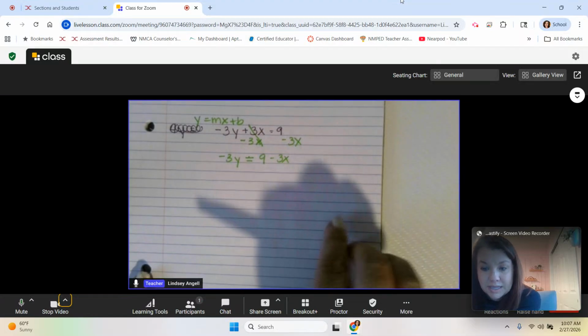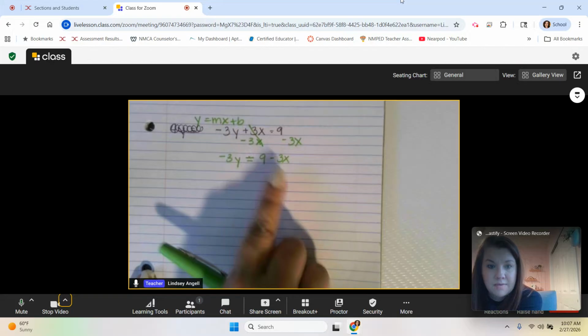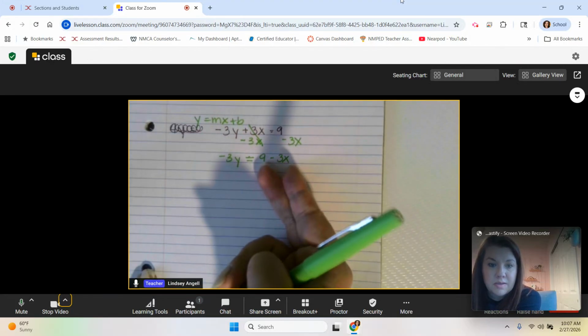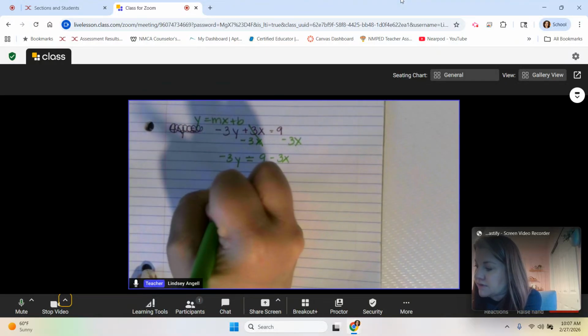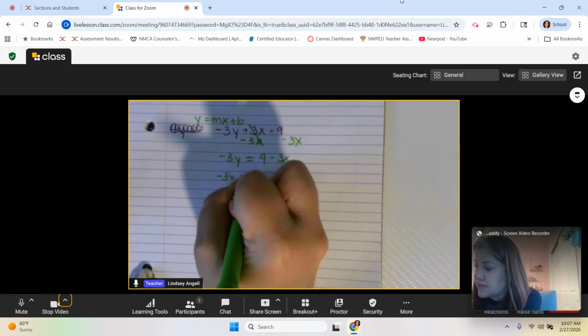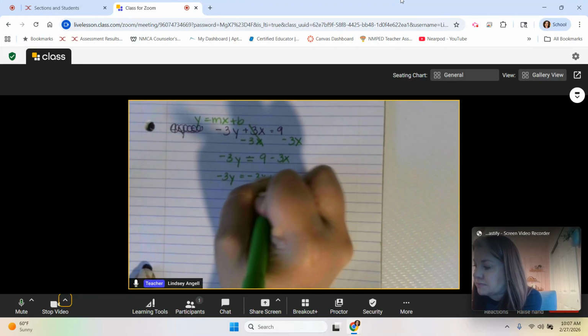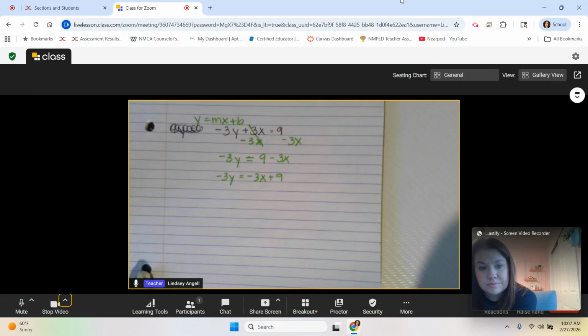Well, now I'm slightly closer to this format. The next thing I'm going to do is flip those. So I have negative 3y equals negative 3x plus 9.